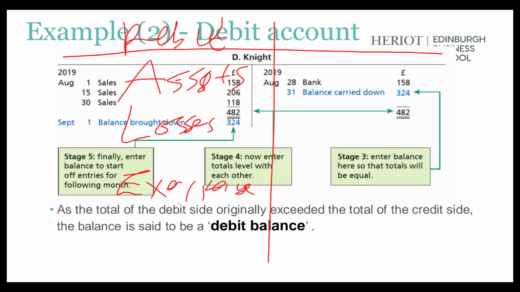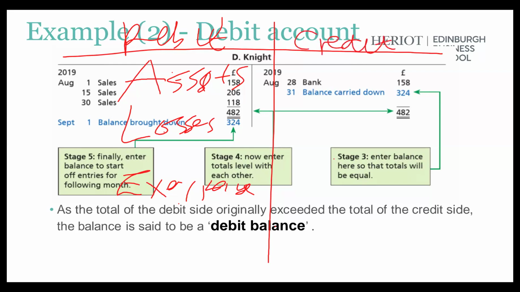You will know the reason why they should always have a debit balance. Why? Because on the trial balance, they sit on the debit side as well. But we have explained why they should sit on the debit side, isn't it? Assets, losses, and expenses.